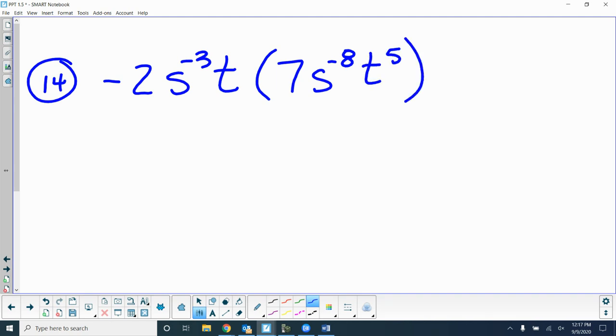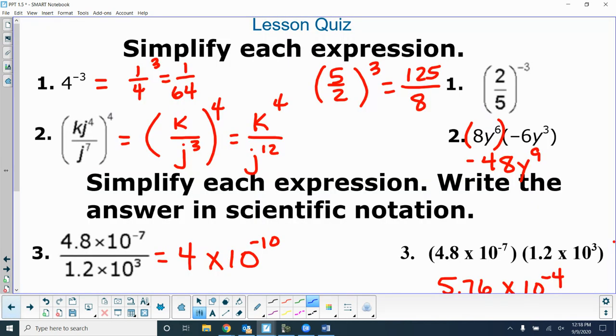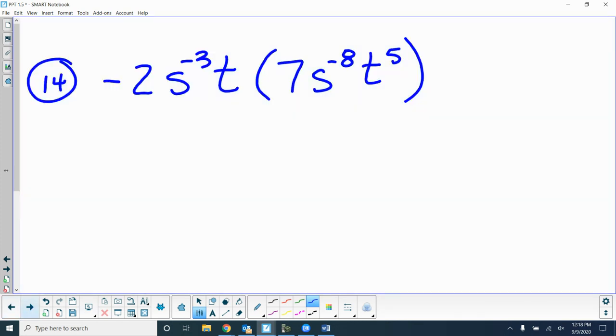That t here was kind of small to see, so make sure you have that in your problem. And make sure you copied it right. So this is like number 2 on the right side. Right? It's just a multiplication problem, right? So that's what I'm going to do. Multiply. Negative 2 times 7 is negative 14.